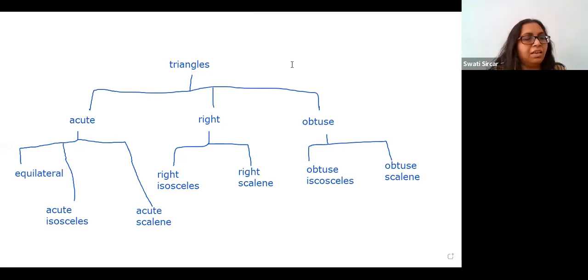Actually isosceles. Okay, so let's consider triangles with integer sides, whole number sides, and whose perimeter is 10 units. What are the triangles you can get? Isosceles triangles.